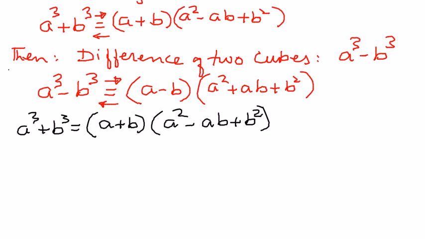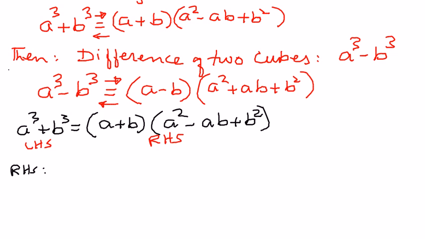Let us verify this. We will call this the left hand side of the expression. We'll call this the right hand side of the expression. So we'll take the right hand side of the expression and then verify that whatever we arrive at is equal to what we have on the left hand side of the equation.